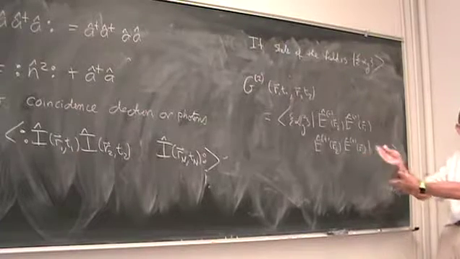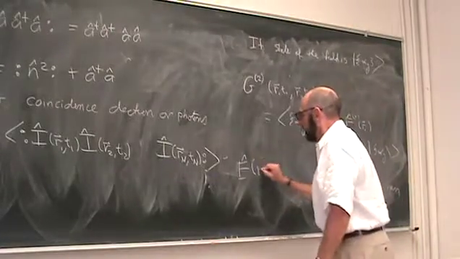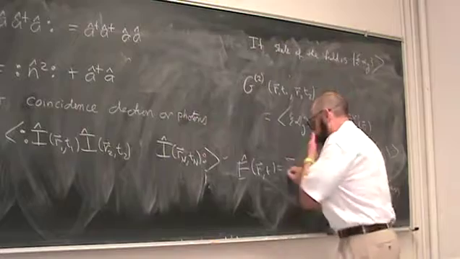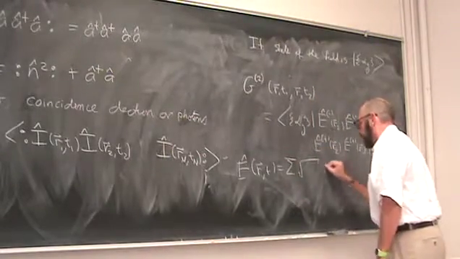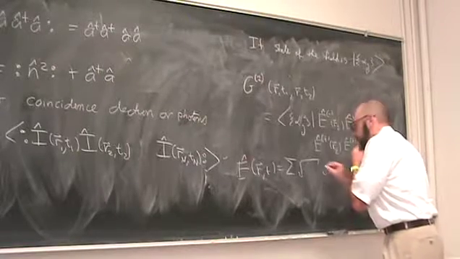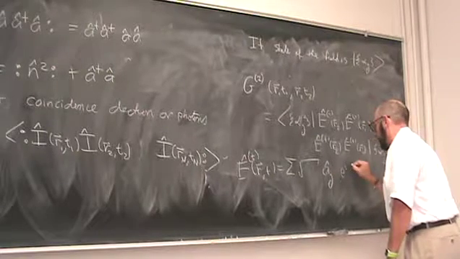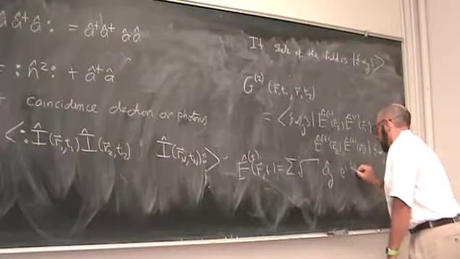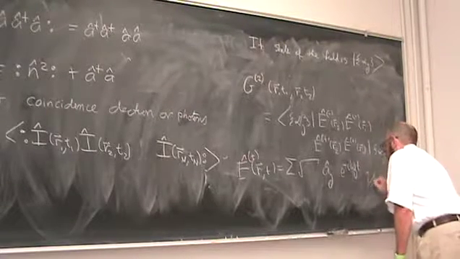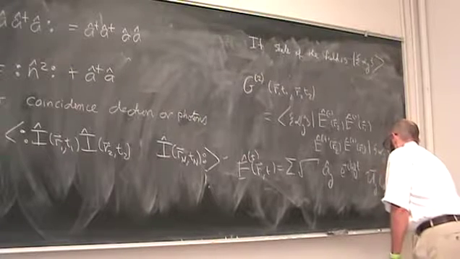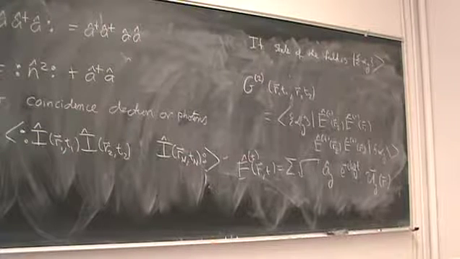Well, E plus itself, which is a superposition, let's just remind ourselves, E plus at R at T was the sum with some square root, A j e to the minus I omega j t times whatever the mode function. That was our positive frequency component.